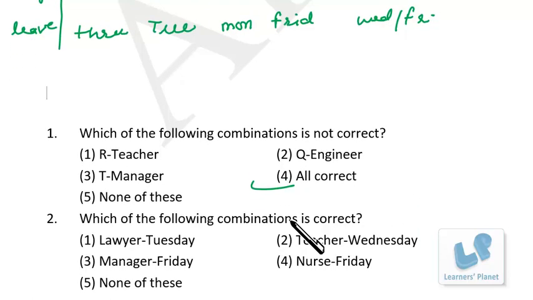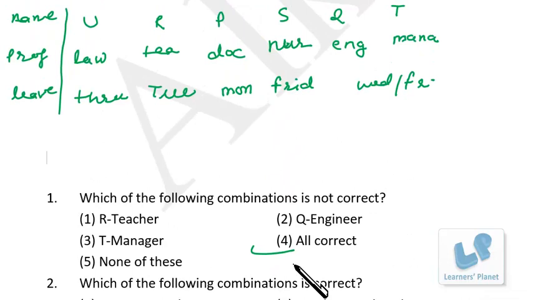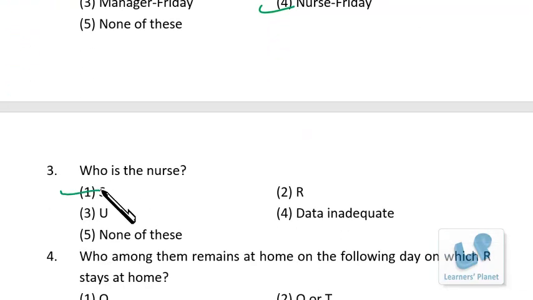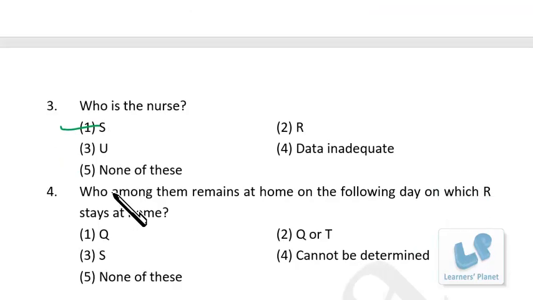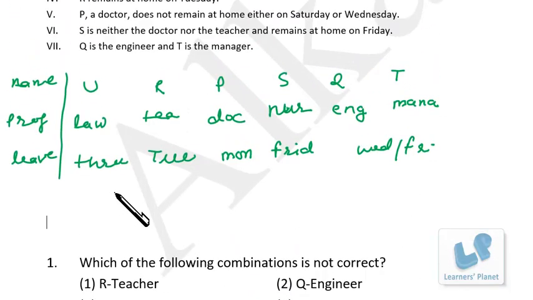Nurse Friday, yeah, it's correct. Who is nurse? Nurse is S. Who among them remains at home on the following day on which R stays at home? So I think you can answer all the questions.